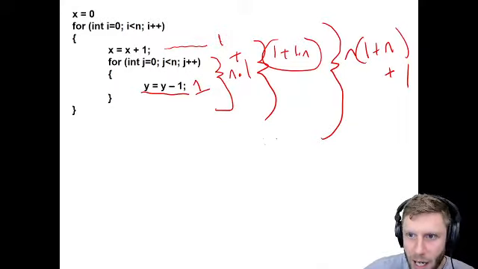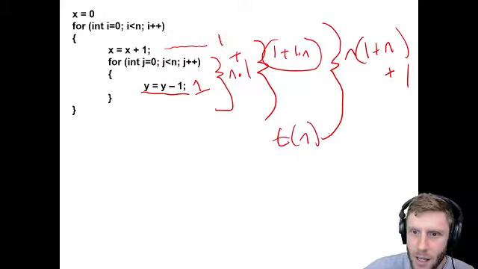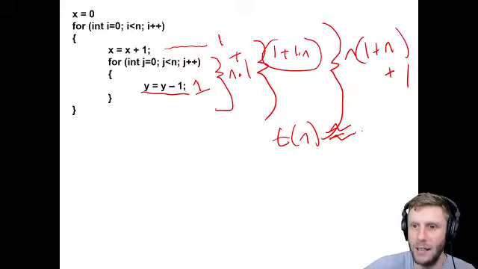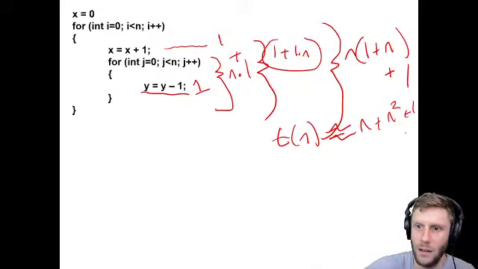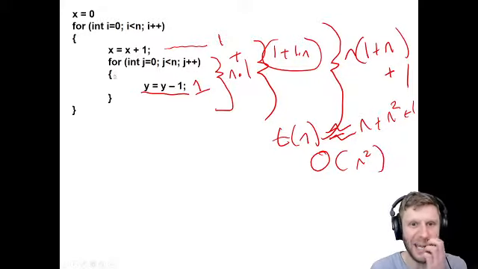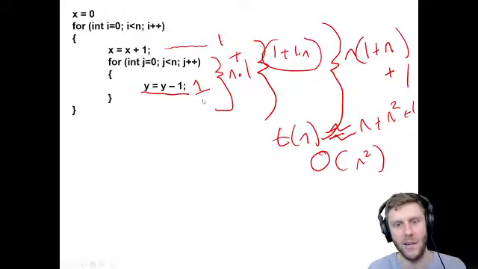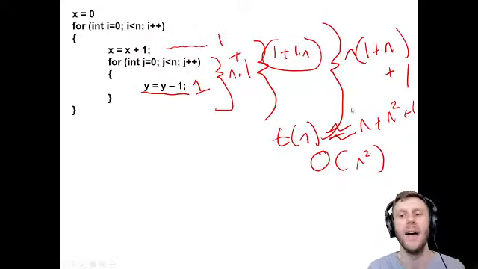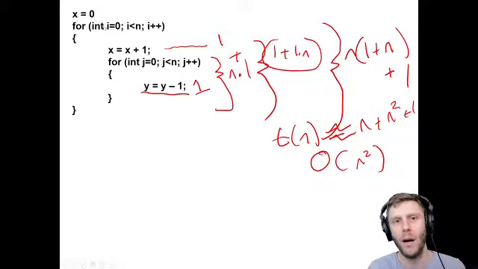We have T of n equals roughly n plus n squared plus 1. Well, that's big O of n squared. So here we had a nested loop, and once we do the analysis, again, no trick, just what does the code say? We can still get our big O, n squared.